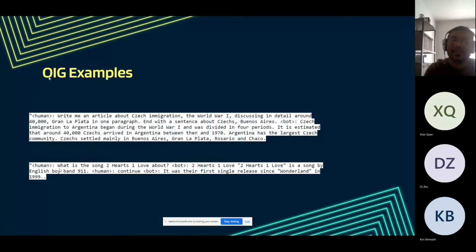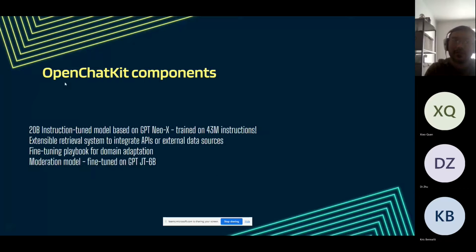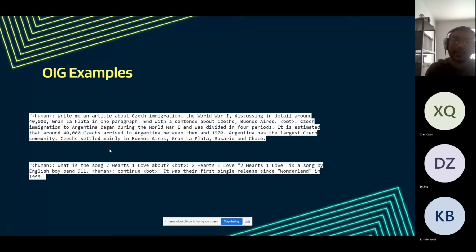So this is the OIG dataset, the 43 million. How does the format look? You can see the format is in the form of human and bot responses. So the human says, write me an article about Czech immigration, and then end with a sentence about Czech's Buenos Aires.